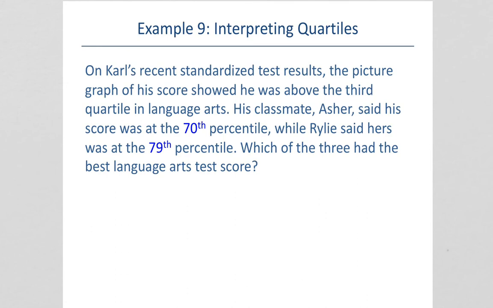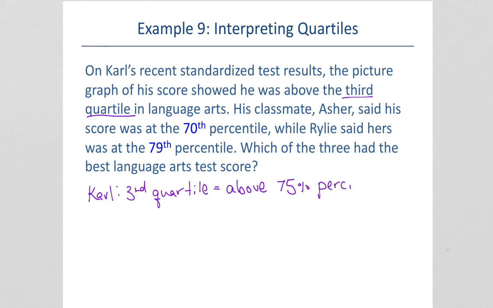So, to put these in perspective, if Carl was in the third quartile, then he is above the 75th percentile. He scored at least better than 75% of his classmates.